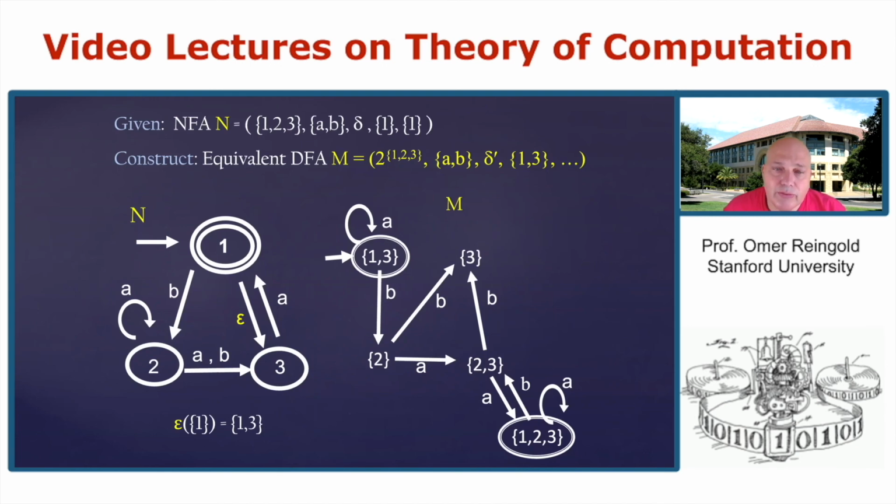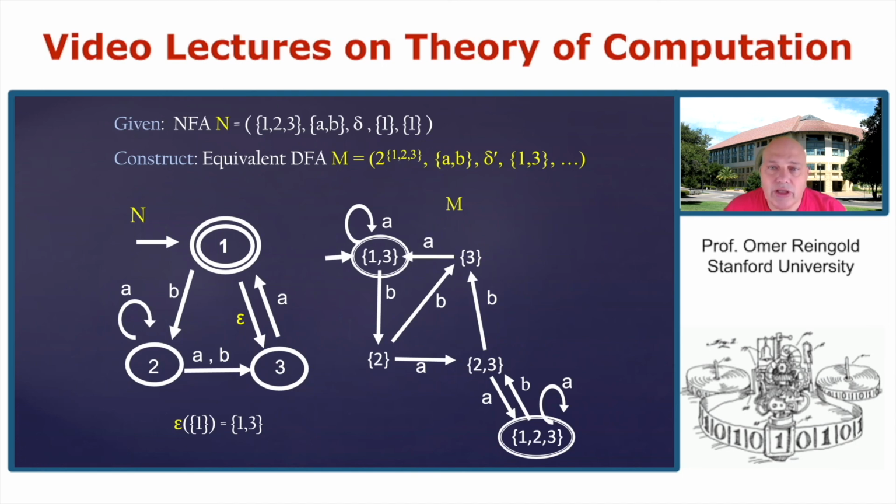With a B from 2, 3, you can reach 3, because there is no transition from 3 labeled B, and from 2, you can reach 3. And now we still need to define the transitions from 3.